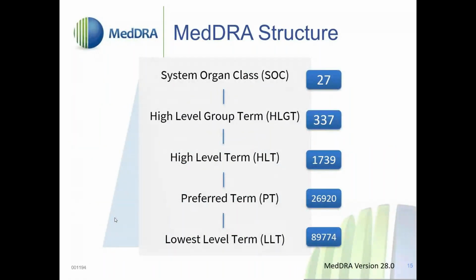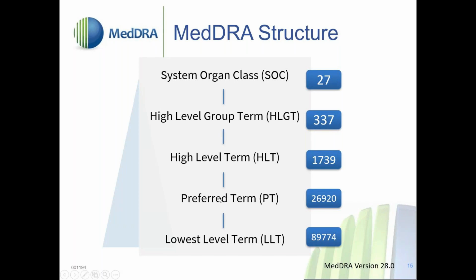Let us now shortly look at the structure of MedDRA and how MedDRA is organized. MedDRA has a systematic 5-level hierarchical structure, starting with a system organ class or SOC on the top that groups high-level group terms, HLGTs underneath, and these then group the high-level terms, HLTs.